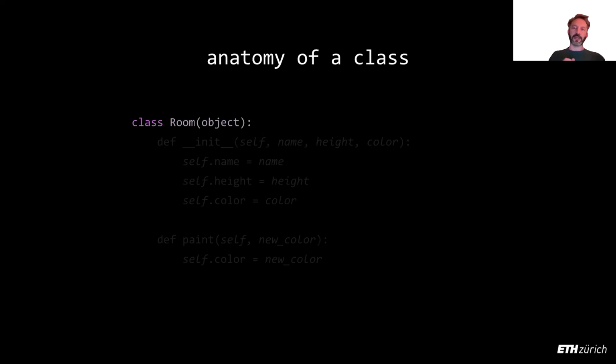So let's go into more detail on the anatomy of a class. The class definition starts with the class keyword, and it's followed by the name of the class, which by convention should start with a capital letter, not contain any underscores, and every new word in the name of the class should be capitalized.